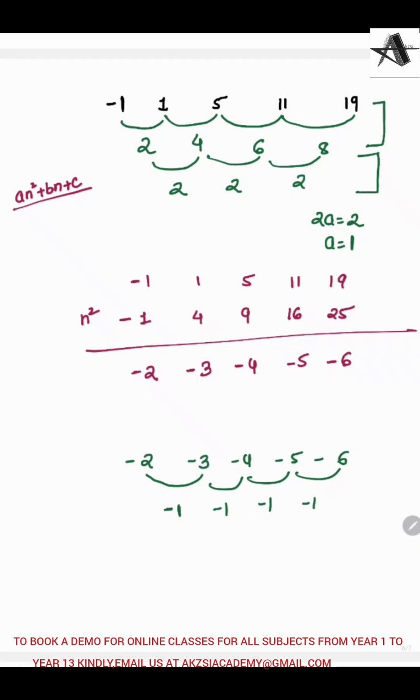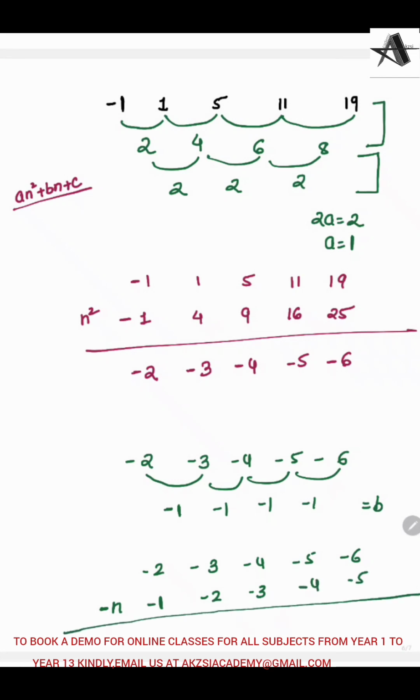In linear series, this constant is equal to a, but in terms of quadratic, as we have already calculated a, the constant will become b. I'll write my original series minus 2, minus 3, minus 4, minus 5, minus 6, and bn series. B is negative 1, so negative n. Put n equals 1, negative 1, negative 2, negative 3, negative 4, negative 5, and we just need to subtract them.